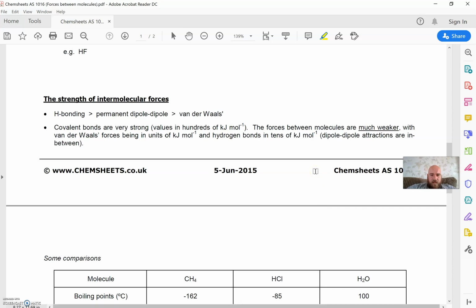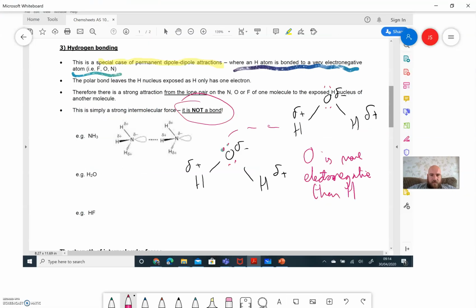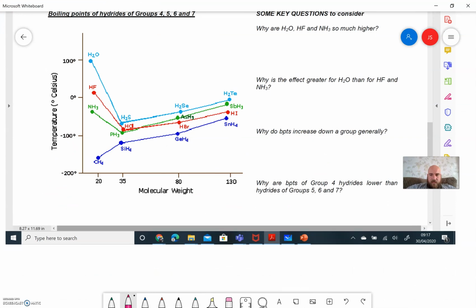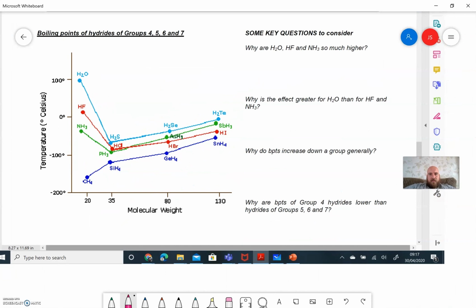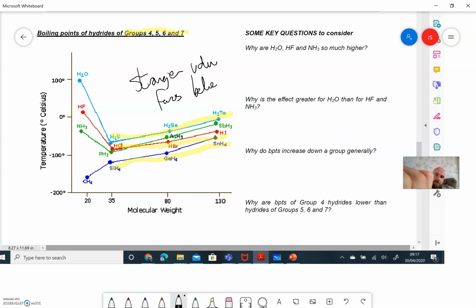So just to finish off then, let's have a look at proof of how strong these things are. You can clearly see each coloured line is going down groups 4, 5, and 7. The general trend is that as you go down the group, the molecules get bigger, therefore you get stronger van der Waals forces between molecules.